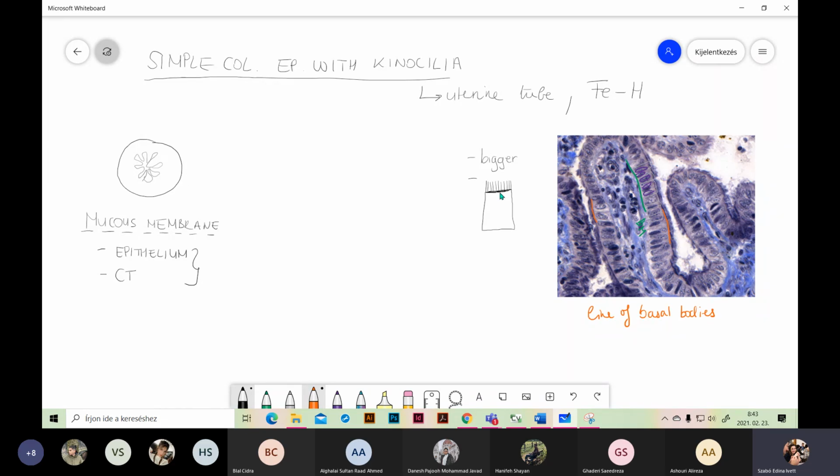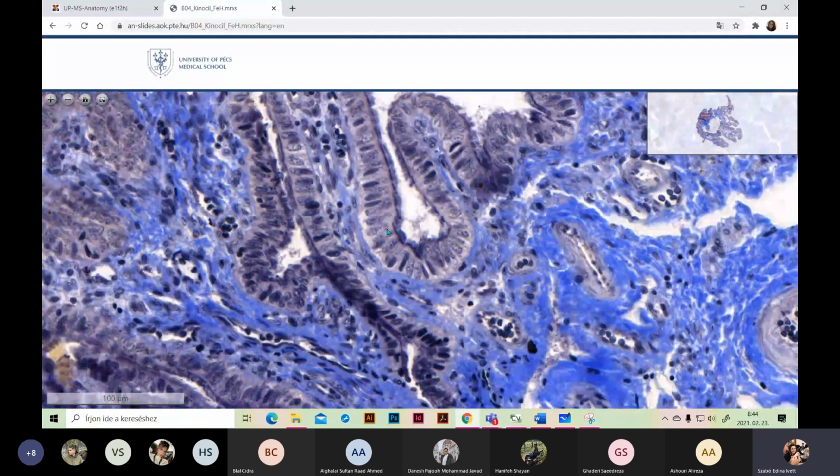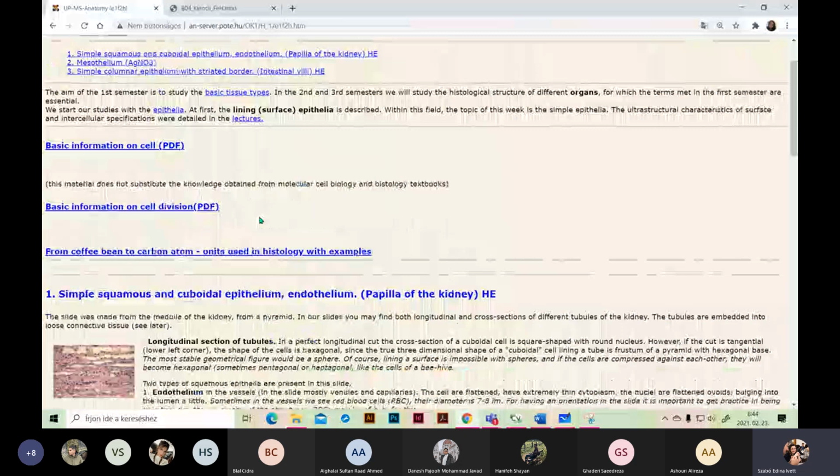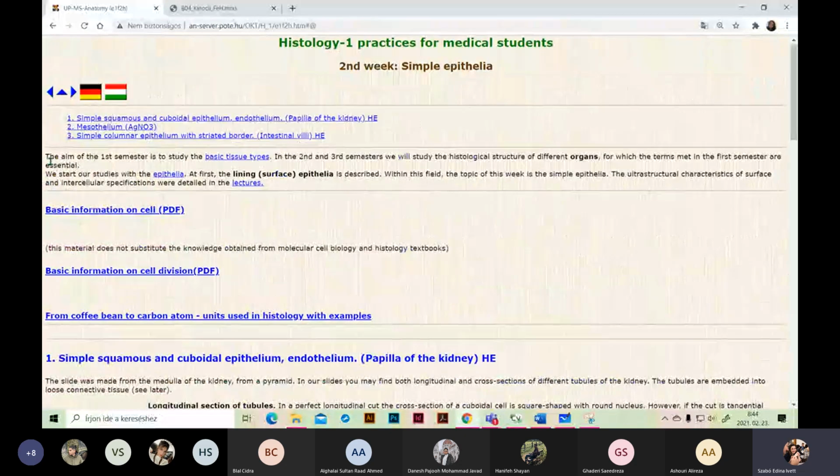And in case of this type of epithelium, there are some extra cells. Cells of this type of epithelium. The first one will be the peg cell. And how do peg cells look? Sorry, here. I want to show in case of this line.